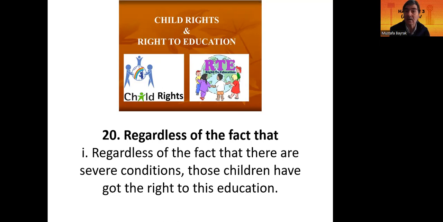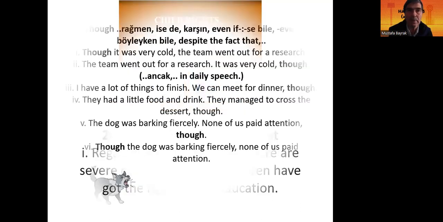Okay, 20, regardless of the fact that there are severe conditions, challenging conditions, hard conditions, those children have got the right to this education. We shouldn't neglect it. We should keep that good principle. We should follow that good principle.